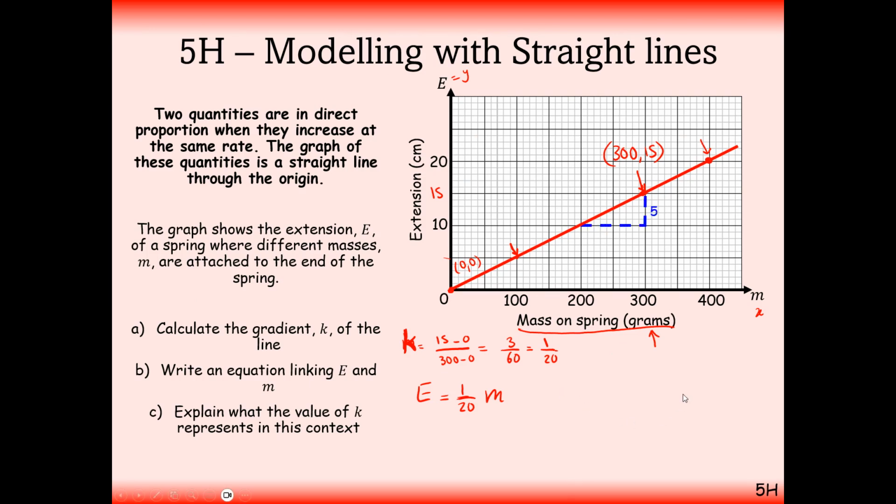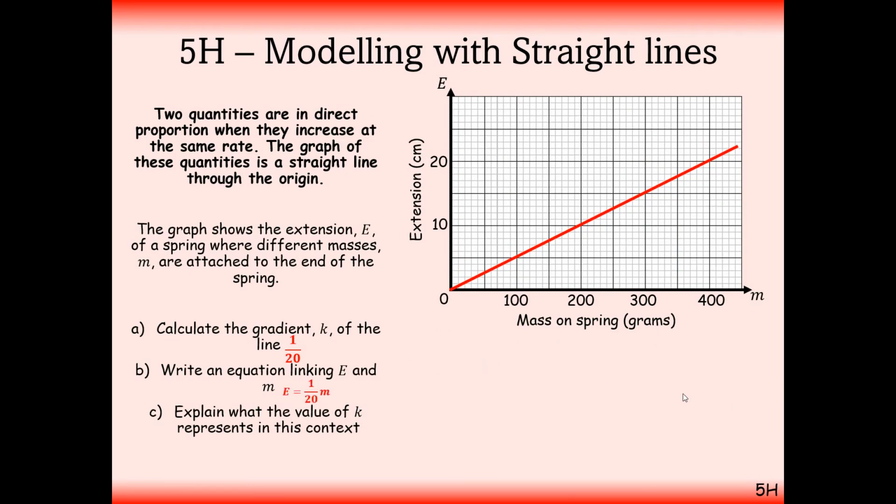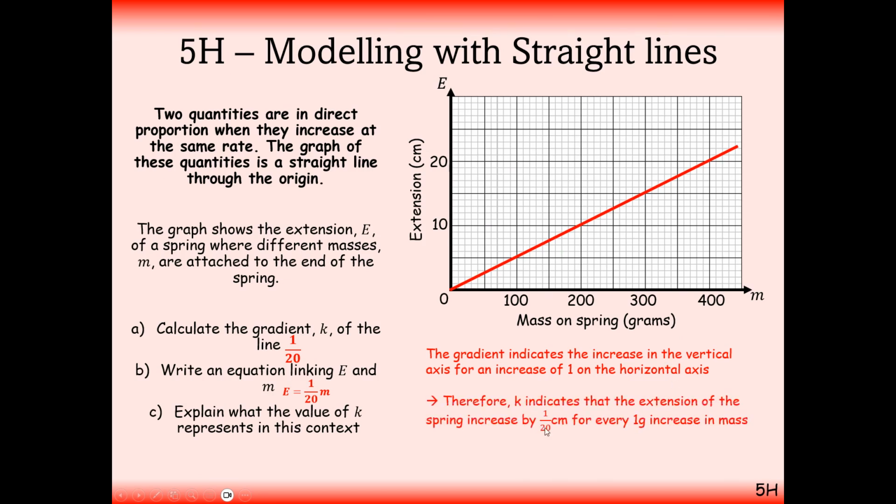All right, so I'll show you what you should write here for part C. You're saying each unit of extension is 1 centimeter. So you will have 1/20th centimeter for every 1 gram increase.